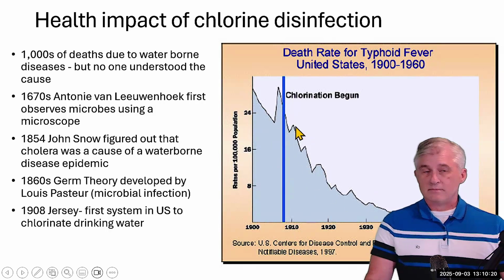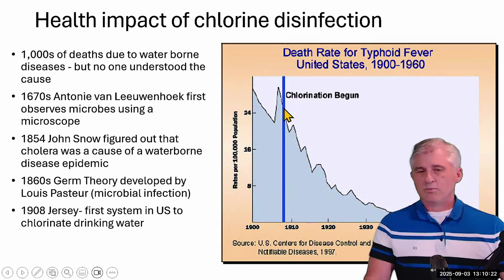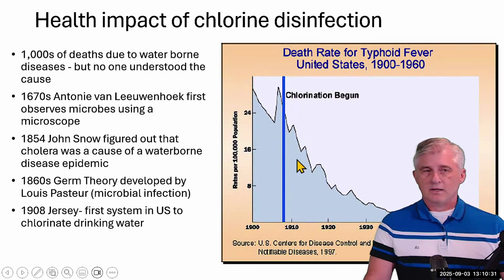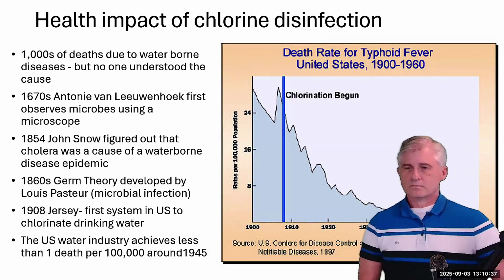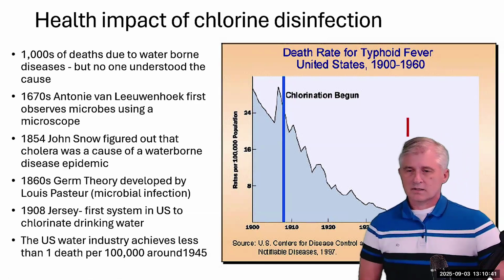A lot of that has to do with improvements in all sorts of public health things, but the application of chlorine is definitely crucial. It became more common through time, and the death rates reduced significantly, down to the point where it's less than a death per 100,000.